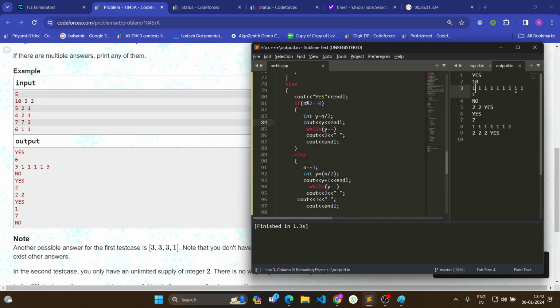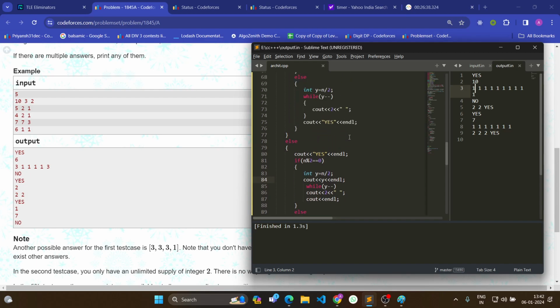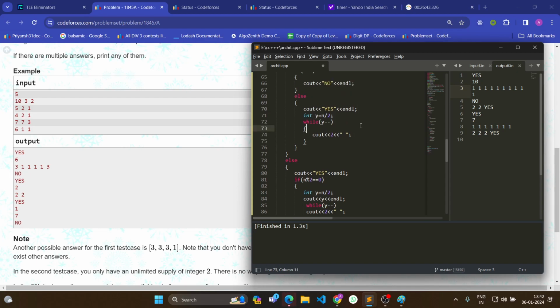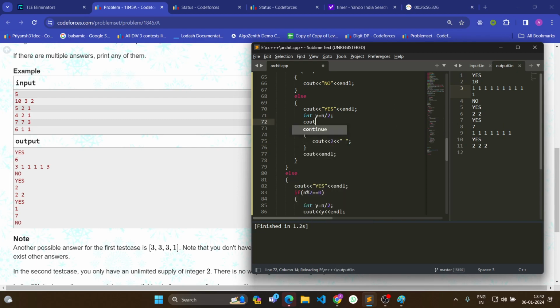Yes, 10. This sums up to 10. Then we have no. Okay. Where am I not printing? Okay, over here. First yes, and then okay. Yeah. Also print y. So this sums up to 4.